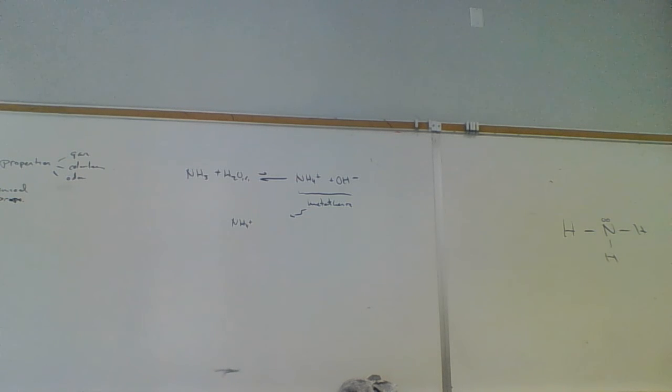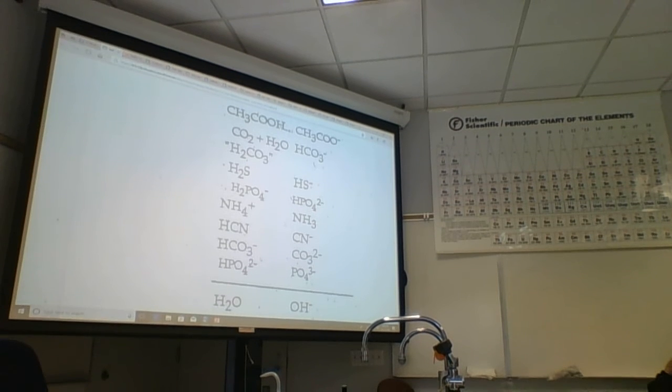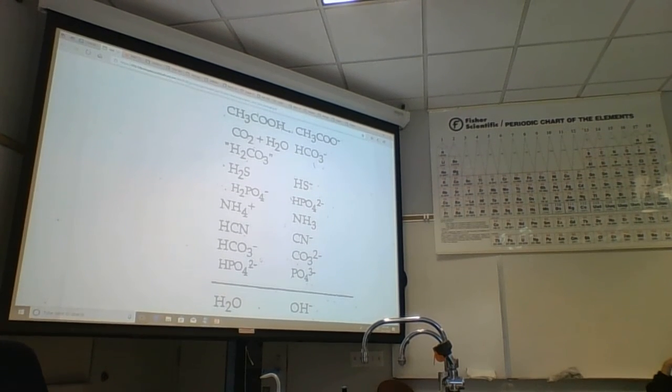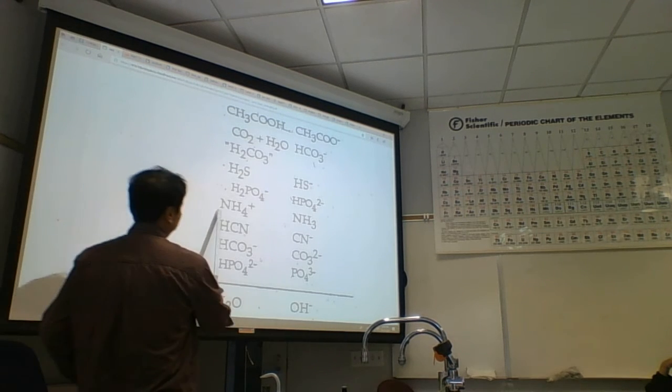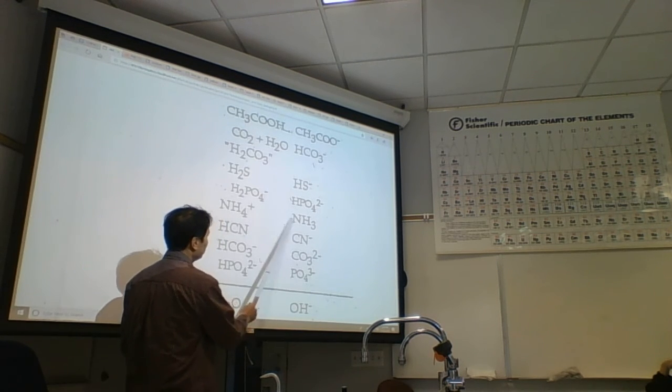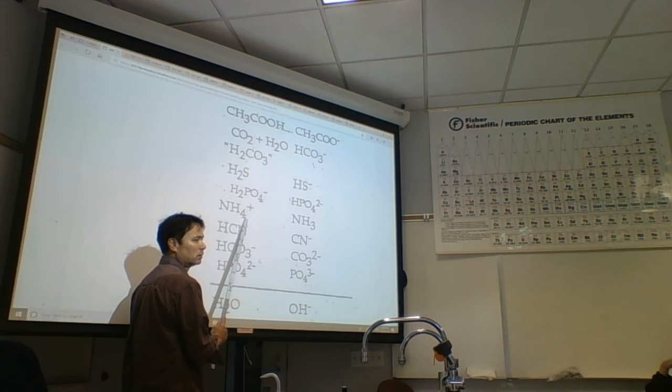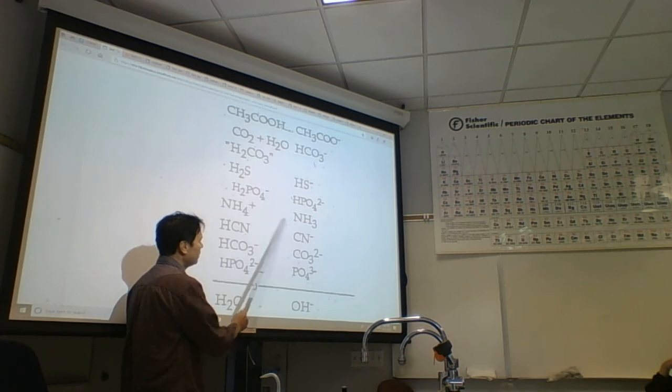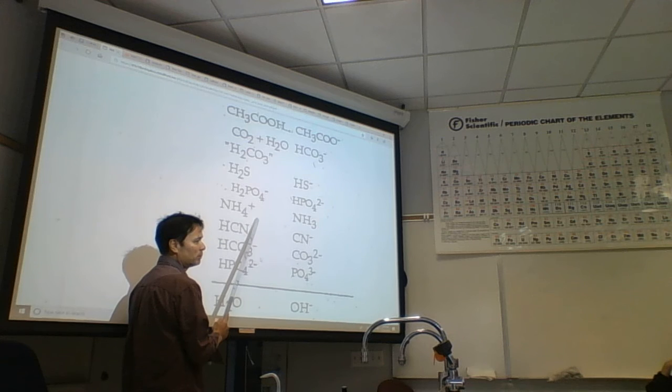There are some ions that ammonium likes, but those ions could also be classified as bases. Here's ammonium. Will ammonia and ammonium react? No. If ammonia and ammonium react, we get ammonium and ammonia.